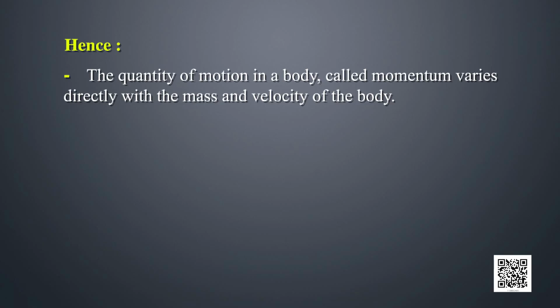It is safer to catch a tennis ball thrown at a certain speed than a cricket ball thrown with the same speed. The tennis ball has a smaller mass than the cricket ball and hence it contains lesser motion. The quantity of motion in a body, which is called the momentum, varies directly with the mass as well as the velocity of the body.